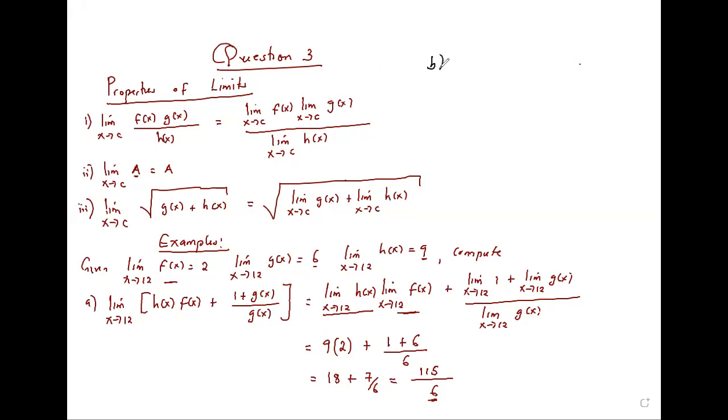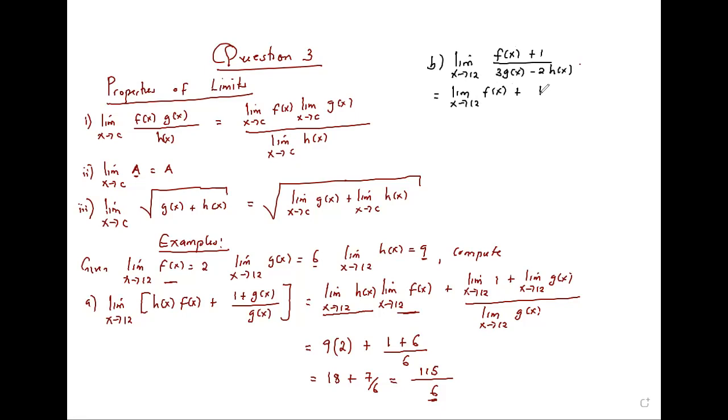B is the limit as x goes to 12 of (f of x plus 1) over 3 by g of x minus 2 by h of x. So this you can write as the limit as x goes to 12 of f of x plus 1.